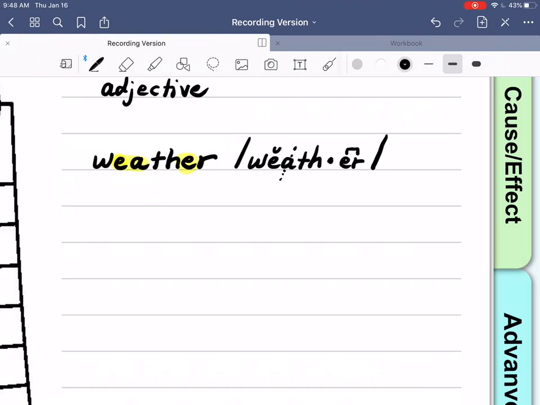This one means the state of the atmosphere. If I look out the window today, it's sunny. So I would say that the atmosphere is clear, the weather is clear.